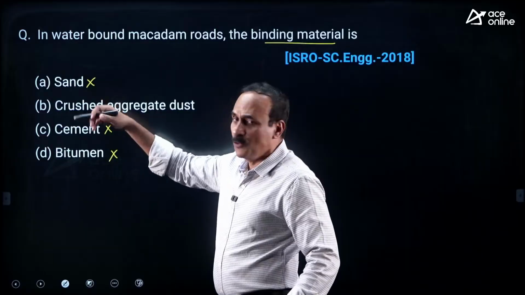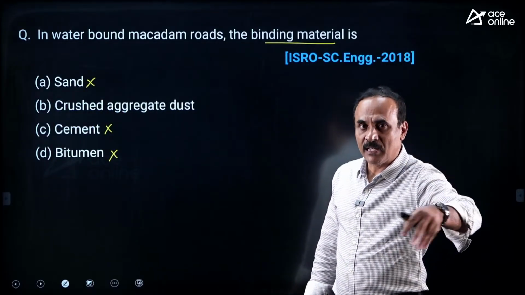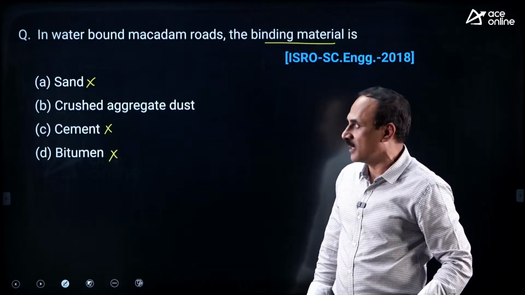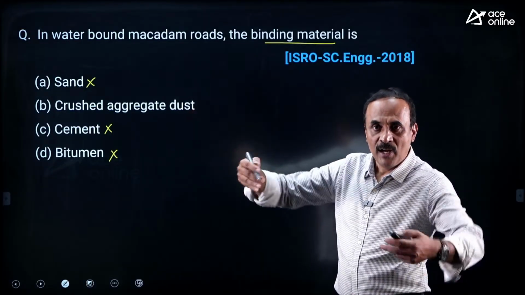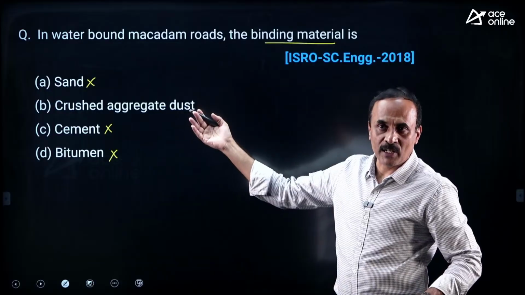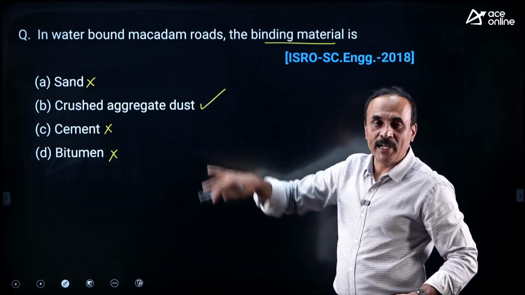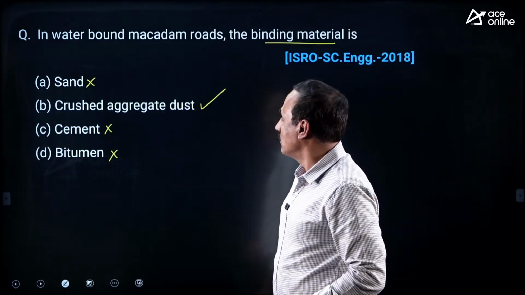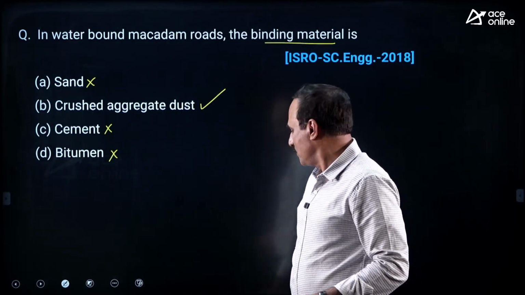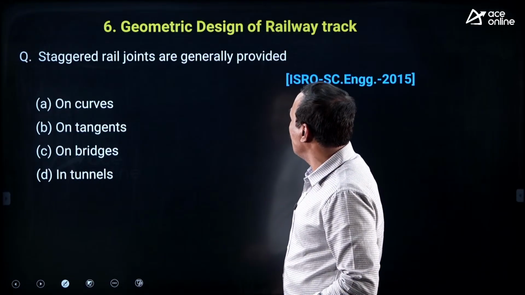Sand will not give you the binding action because sand has rounded particles because of sea erosion or river erosion. The stone dust will give you interlocking between one particle and another because of angularity. There you will get the binding in water bound macadam.